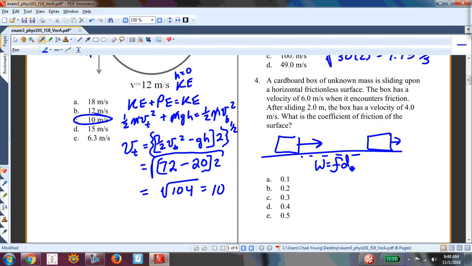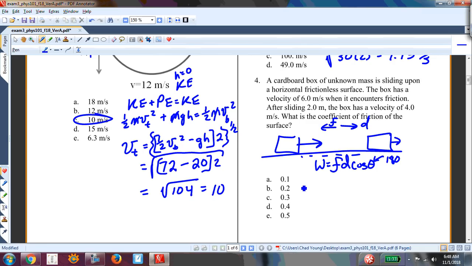I know that the work done by that frictional force is negative because really I have F d cosine theta here, and this theta is equal to 180 because the frictional force is in this direction and the displacement is in that direction. So that's why my frictional force does negative work.